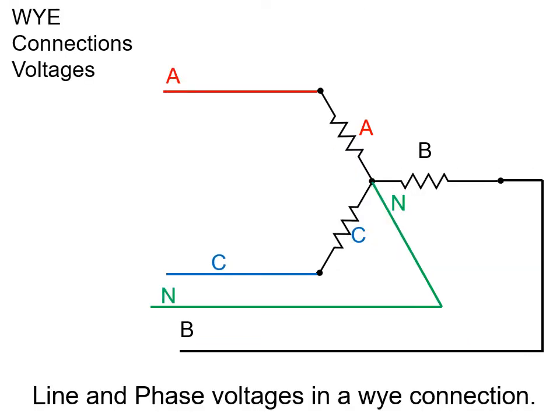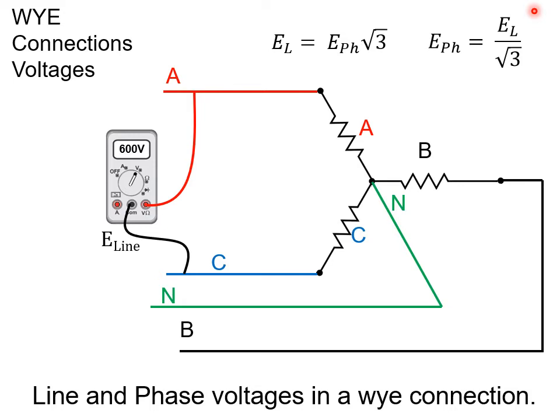So let's take a look at another set of line and phase values. Again, our relationship is E line is equal to root 3 E phase. Or our phase is smaller than the line by a factor of root 3.